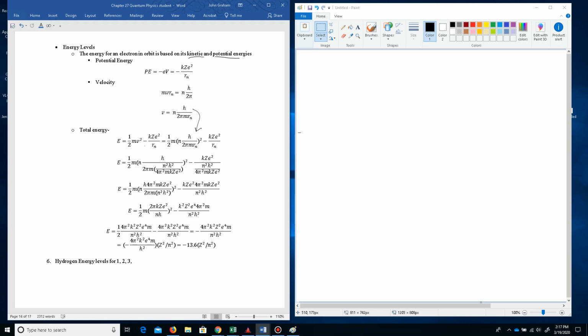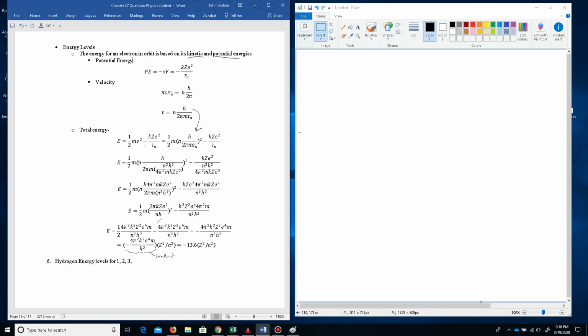And then from this point, all these steps are working out the algebra, plugging in what we have for Rn, and moving through, and we get down to our energy equation, with all these constants multiplied by just Z squared over n squared, which are the only parts that aren't constant. 4 is 4, pi is pi, k is 9 times 10 to the 9th, e is the charge of the electron, m is the mass of the electron, and h is Planck's constant.